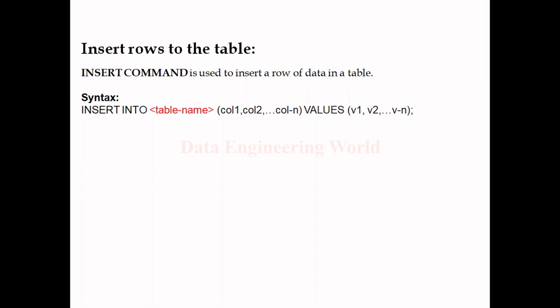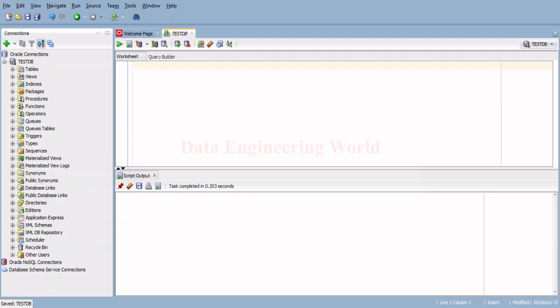Let's look at an example and insert a record in the employee table which we have created in the last lecture. So here we are in our SQL Developer. Let's insert one record into the employee table.